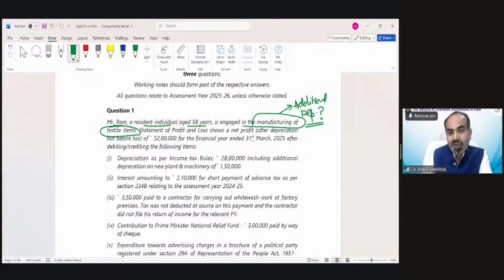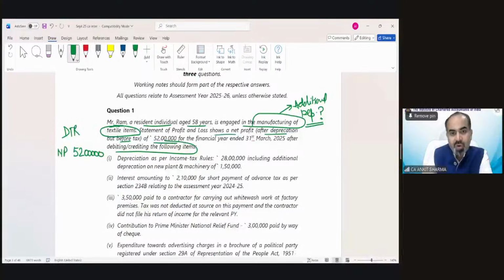Statement of profit and loss shows a net profit after depreciation before tax of 52 lakh rupees. Okay. So this is our net profit. We are solving it under default tax regime. And information is there, after debiting and crediting the following items.